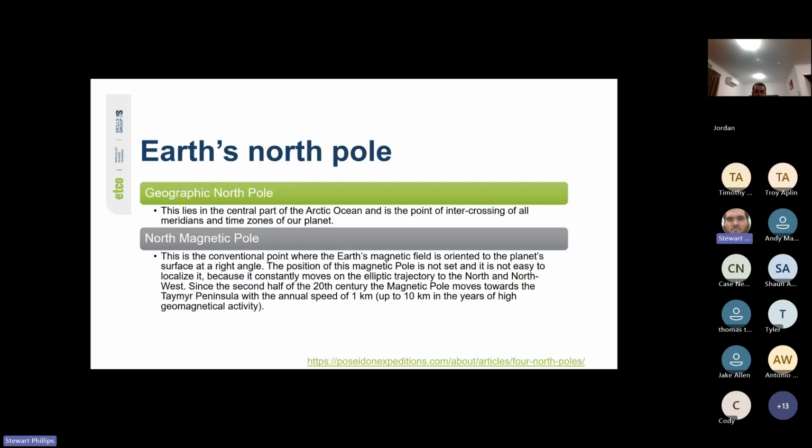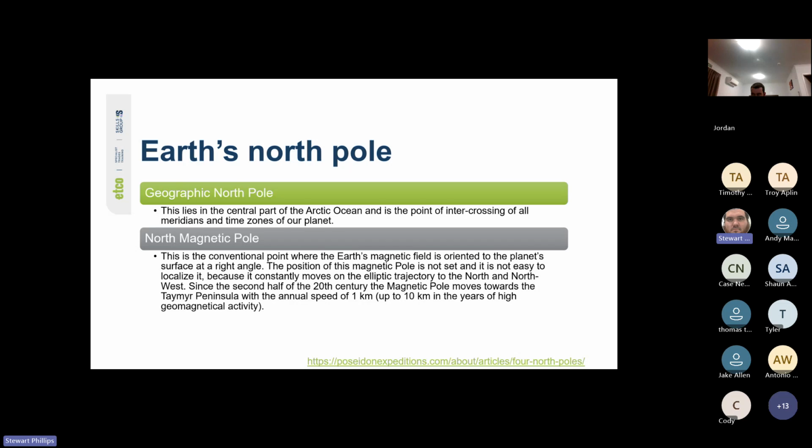Cool. So the Earth's North Pole. The geographic North Pole lies in the central part of the Arctic Ocean and is the point of intersection of all meridians and time zones of our planet. The North Magnetic Pole is the conventional point where the Earth's magnetic field is oriented to the planet's surface at a right angle.